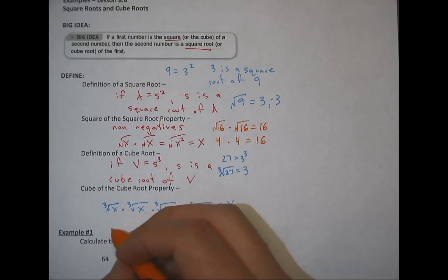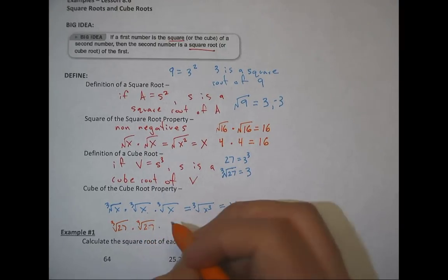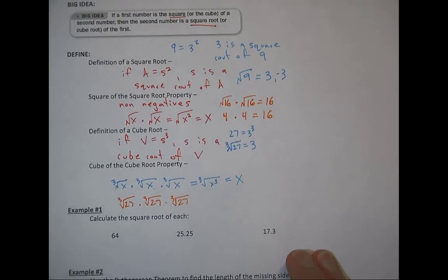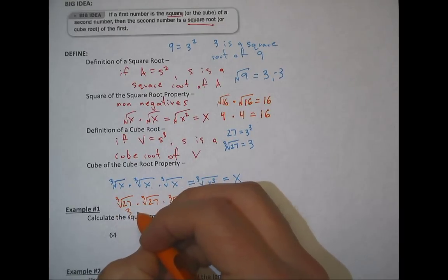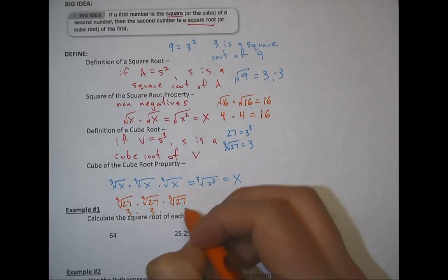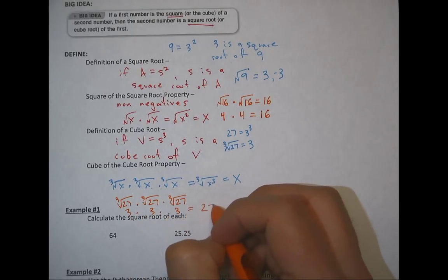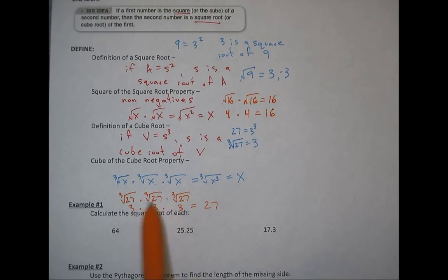Let's put in a number that's got a nice cube root, so 27. If I multiply the cube root of 27 3 times, the cube root of 27 is 3, so 3 times 3 times 3. 3 times 3 is 9, times 3 is 27. So if I multiply any cube root times itself 3 times, you get the number that's on the inside. So basically that's going to fall off.